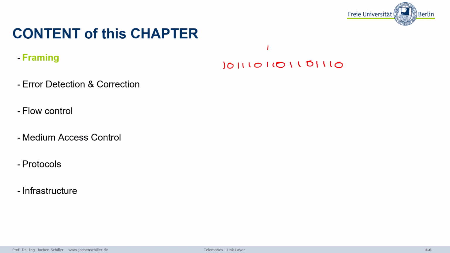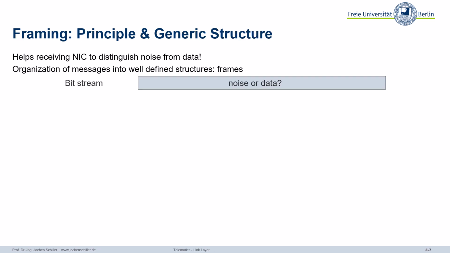So is this the start of a new frame here? And maybe before that we had, I don't know, noise or whatever. So we have to organize our messages. And that's exactly the idea of framing. So is it noise? Is it data? Where does it start? We have to organize this bit stream.